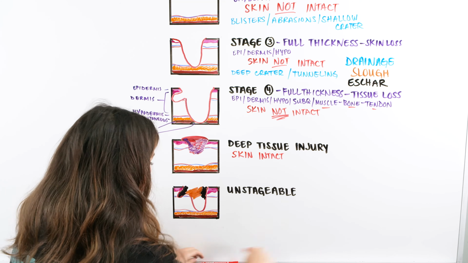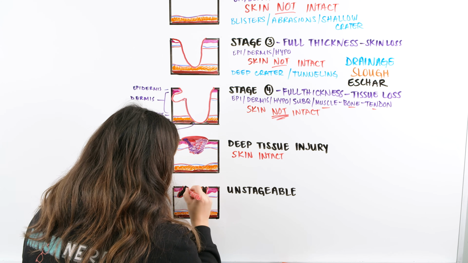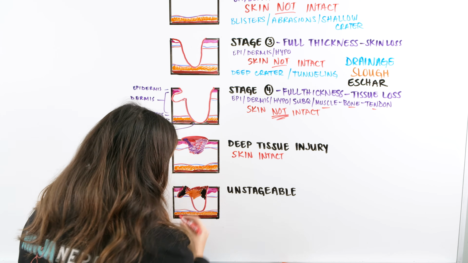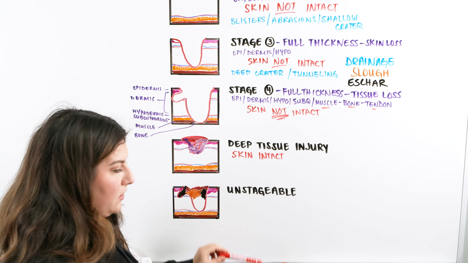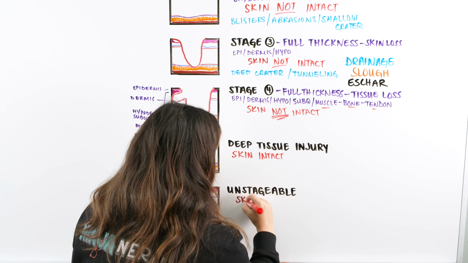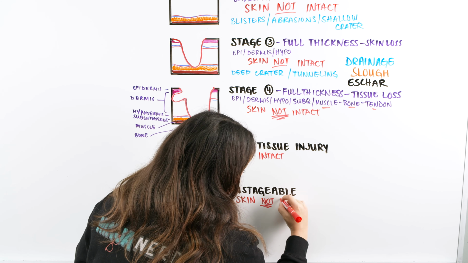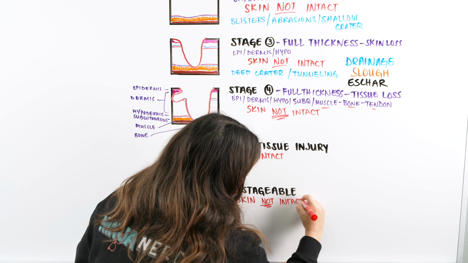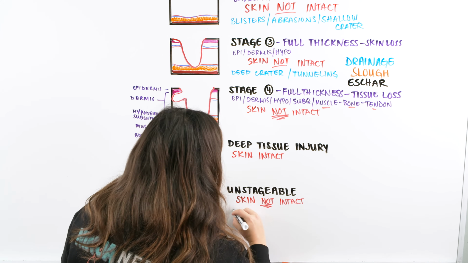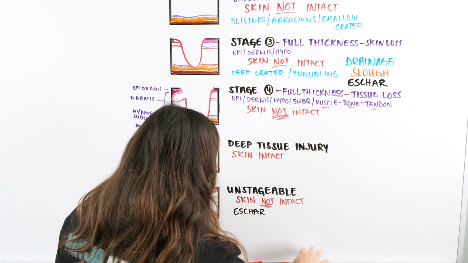We can't quite tell what I'm looking at. So the unstageable is a category that we use when they have some type of injury that we think is pretty gnarly. And these are usually the patients that are going to have to go get this debrided because they are unable to see what's going on. And we got to see what is underneath all of that junk. So the skin is not intact. There's a substantial amount of eschar and slough.